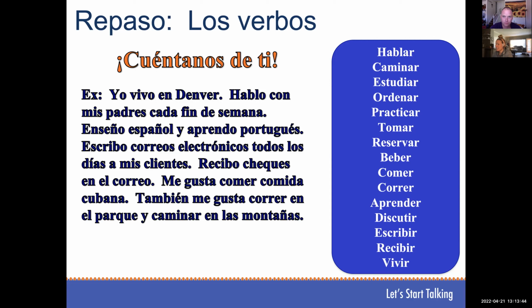Discutí con mis hermanos. Yo bebo las cervezas. La cerveza. What else can I use?